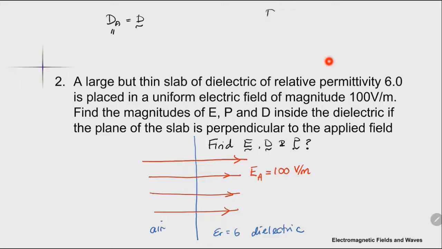So the D relationship is epsilon R epsilon naught times the electric field. But EA applied field is in the air. So epsilon R is equals to 1. Okay, so DA is equals to epsilon naught times EA. And that's equals to D. So D also equals to epsilon naught times EA.